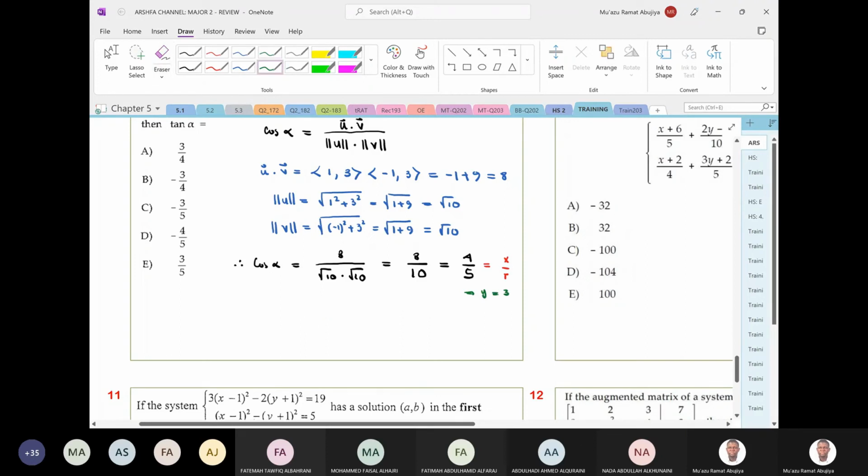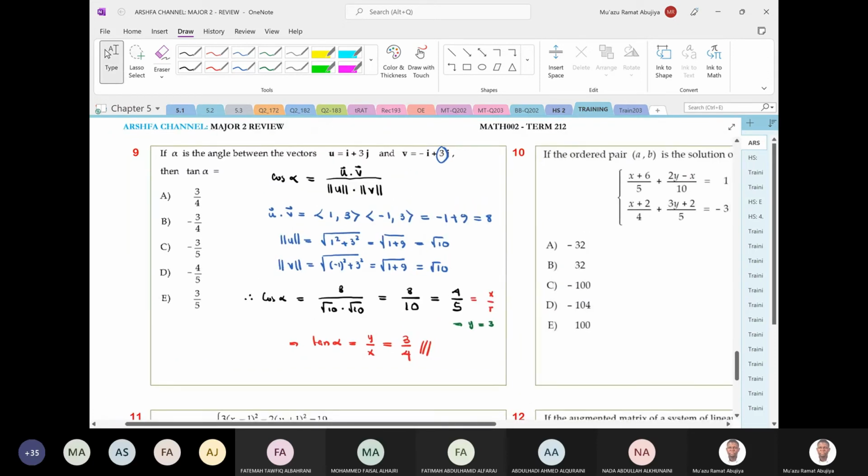So therefore, we can say the tangent of alpha will be equal to y over x, which is equal to 3 over 4. And that is our answer. Questions, please.